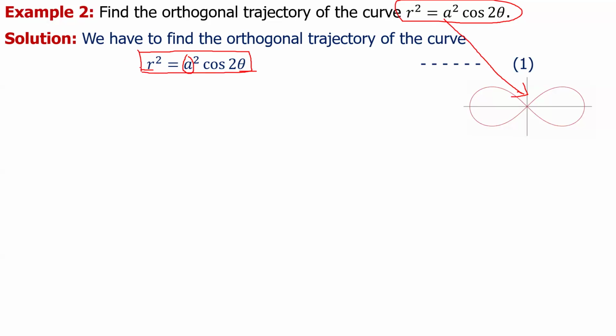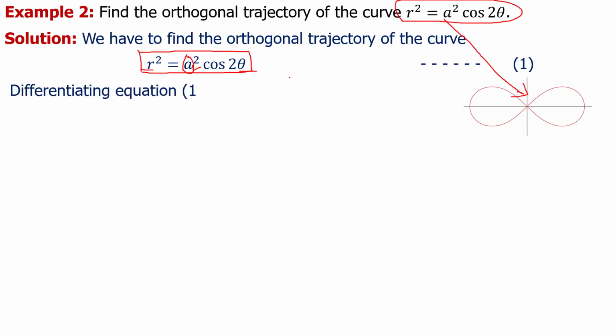How to find the differential equation of this curve? Since there is one arbitrary constant a, we just differentiate this equation one time, and then using equation number 1 and the derivative form, we eliminate the arbitrary constant a. Then we get the differential equation of the given curve.